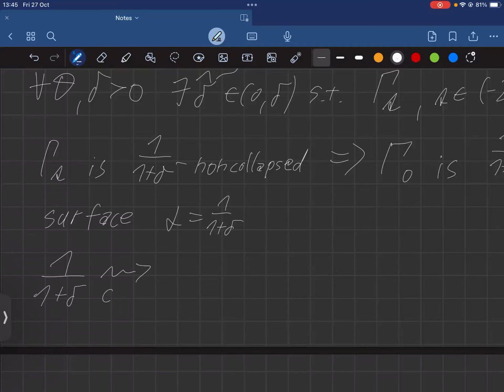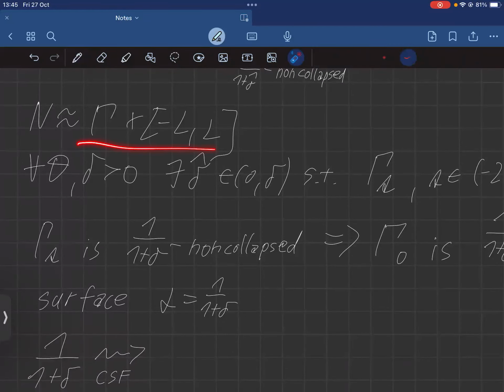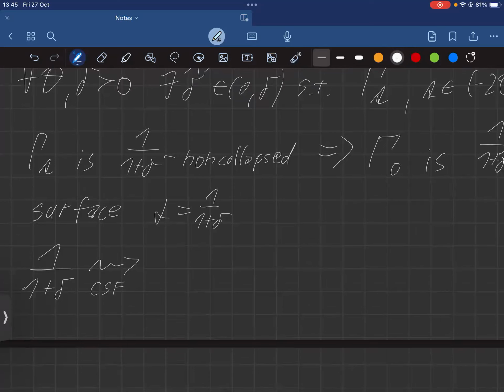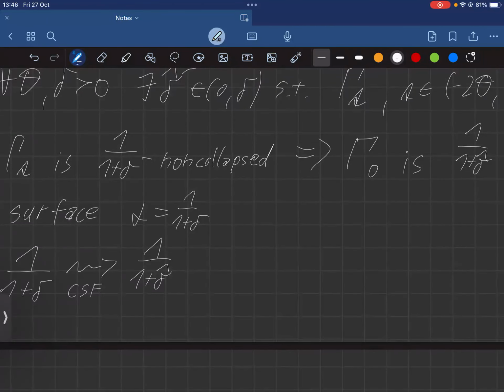But this looks like curve shortening flow because our neck is just gamma times the interval minus L to L. And this results in the non-collapsing constant 1 over 1 plus delta hat, which is a better constant than 1 over 1 plus delta. And this can be for an arbitrarily small amount of time, because it just gets better at least a bit, and the tiny bit that it gets better is enough for us.